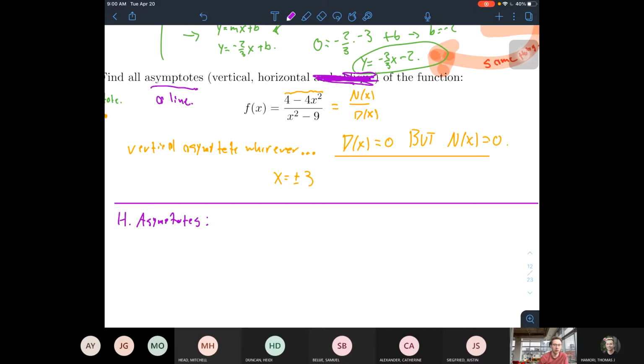Does anyone remember what we had to look at to check whether these functions would have a horizontal asymptote or not? Very good, Sam. We need to look at the degree.